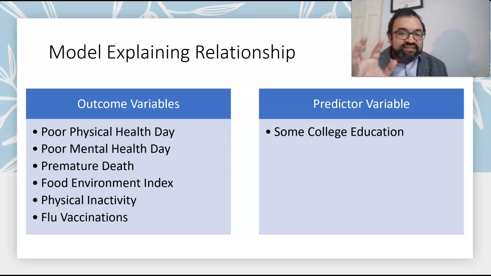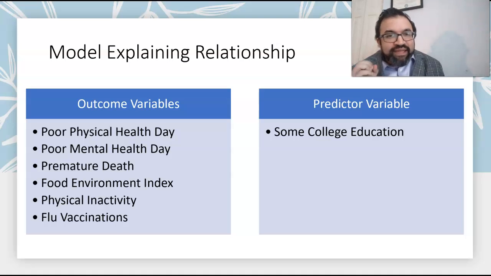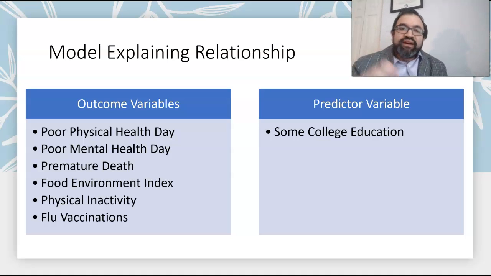But say, for instance, we were to switch this around and say, if we improve education, then all of these outcome variables within the community will improve. If we were to create these models, imagine how powerful this can be in trying to improve specific facets. So this can inform both ways.